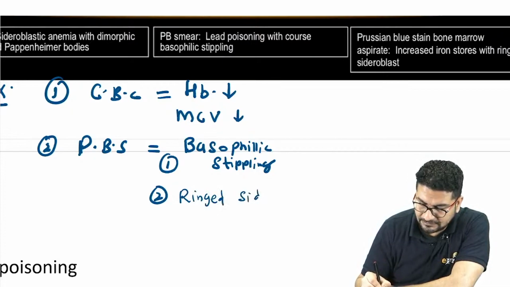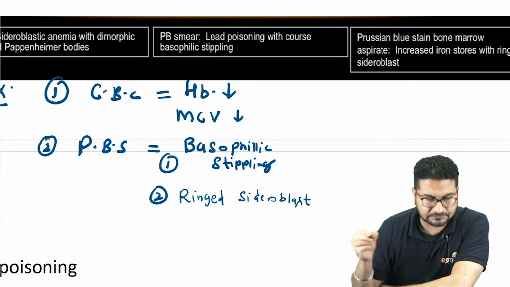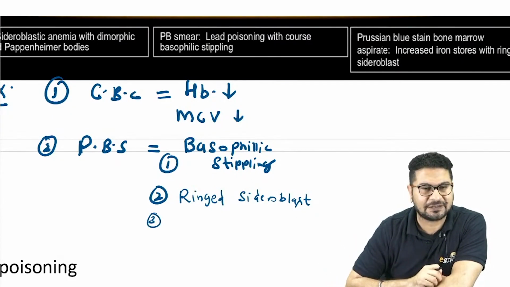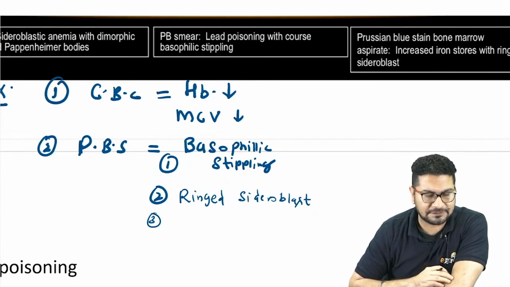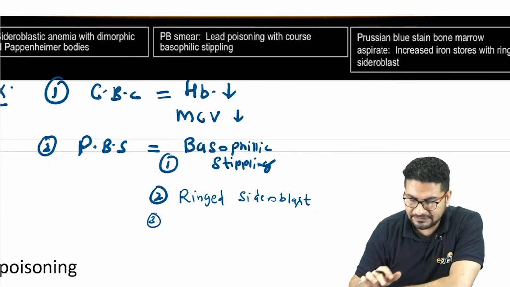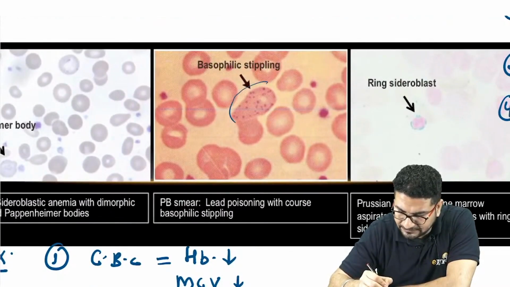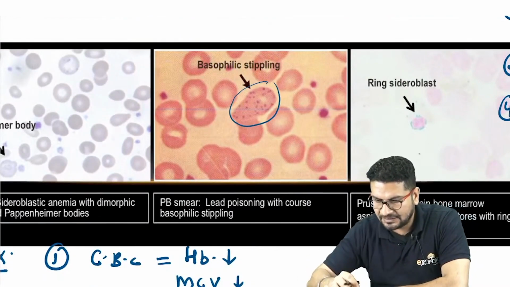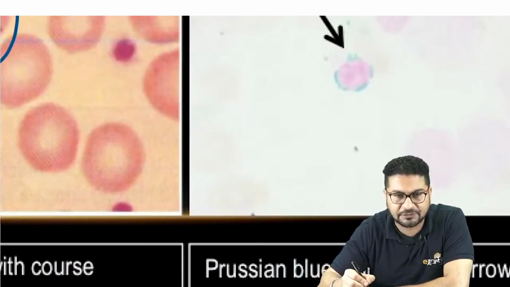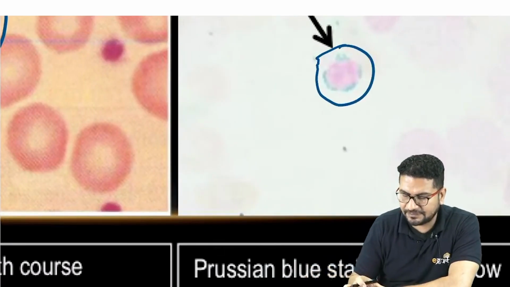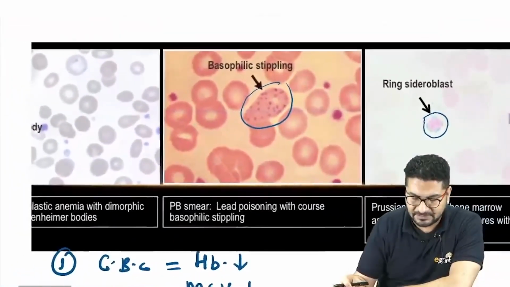If I can show you, these are basophilic stippling, loaded with basophils. And they are forming a ring. Can you see this ring? We call this a ringed sideroblast.